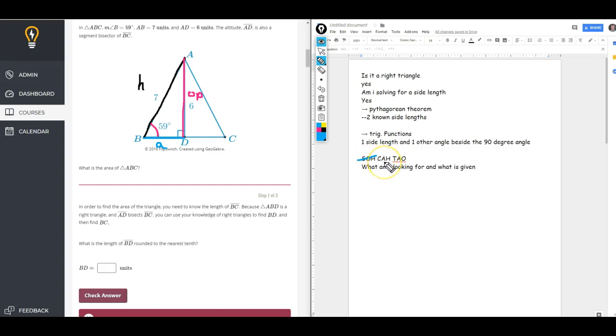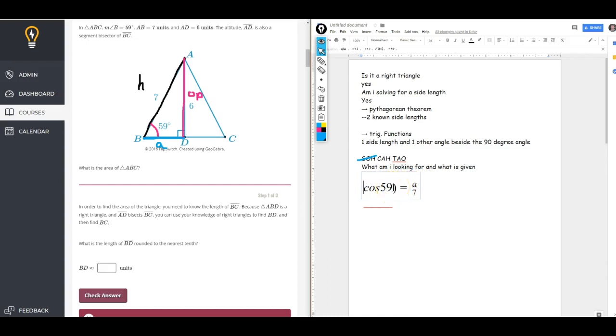Cosine is the adjacent side length divided by the hypotenuse side length. I am looking for the adjacent side length, and I have the hypotenuse side length, so I'm going to use that. So we would have cosine of 59 is equal to the adjacent side length divided by the hypotenuse side length, which is 7. In order to solve for a, the adjacent side length, I would multiply both sides by 7.